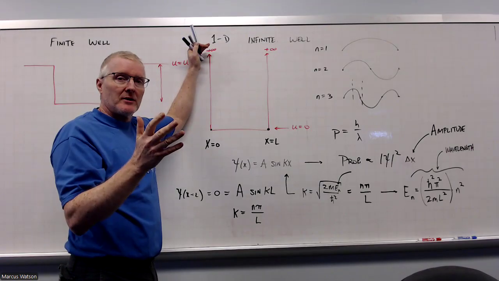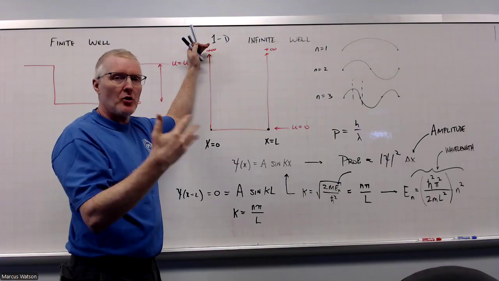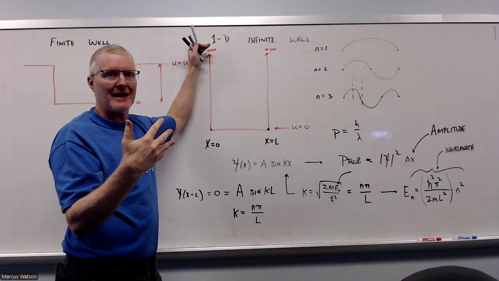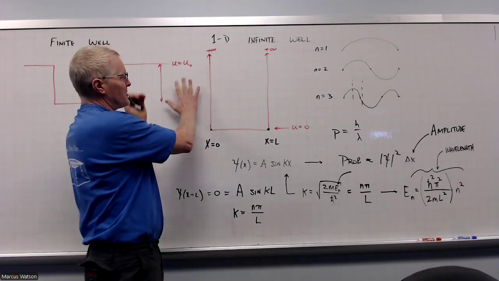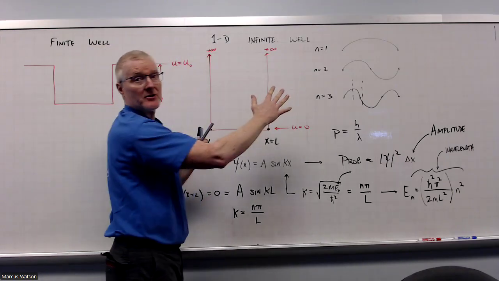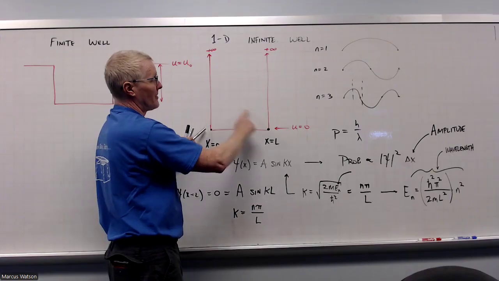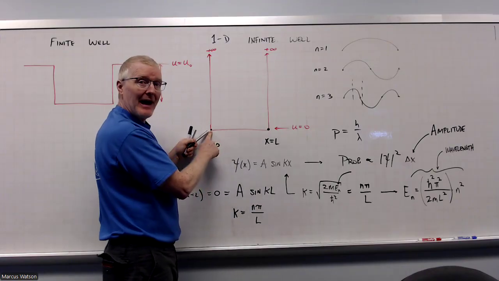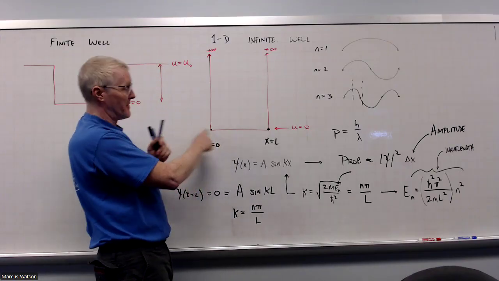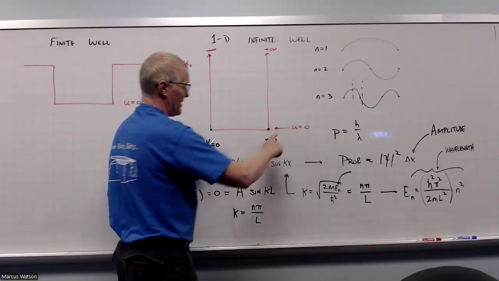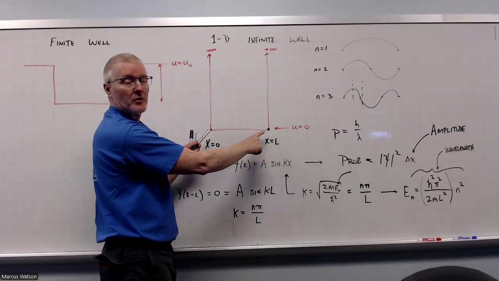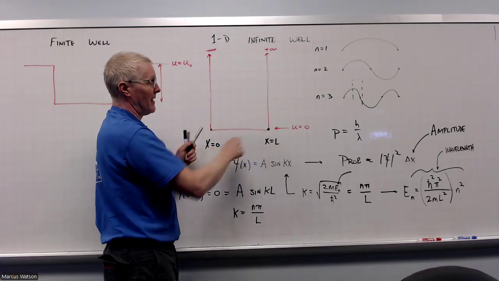There's no way the particle can exist out there. So I would expect a 0 probability of finding the particle anywhere in these regions on either side of the trap. So the particle must be in here, but I have to connect the wave function with the 0 out here and the 0 out here. That's why we're forcing the wave function to be 0 at the ends of the well.